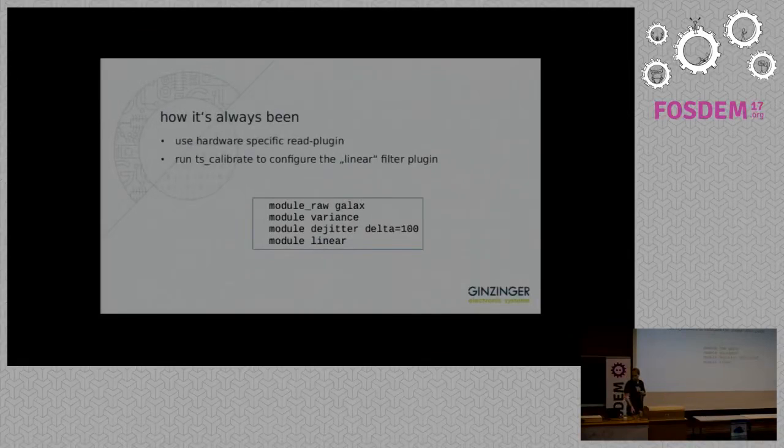Let's get to an example. What we have here is a complete ts.conf configuration file. That's everything. That's a complete example. You would use one raw module to access your input device driver. And that's also the point here: this thing is really old.